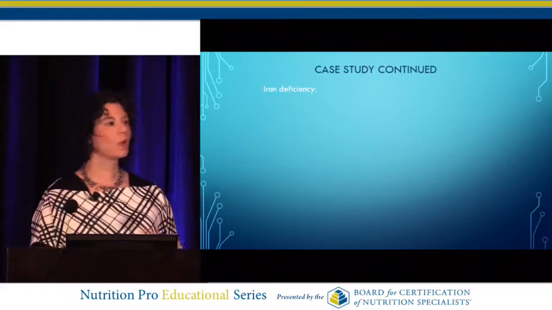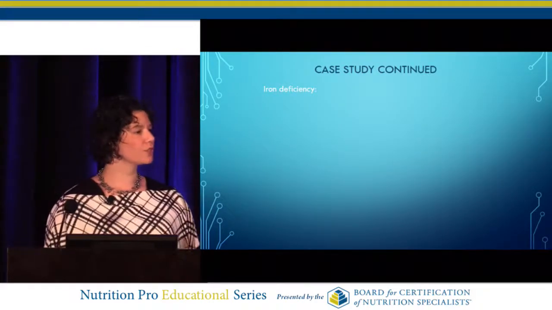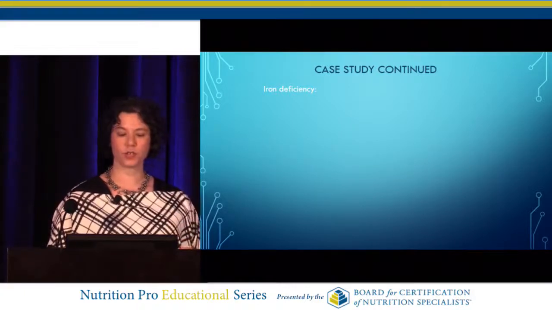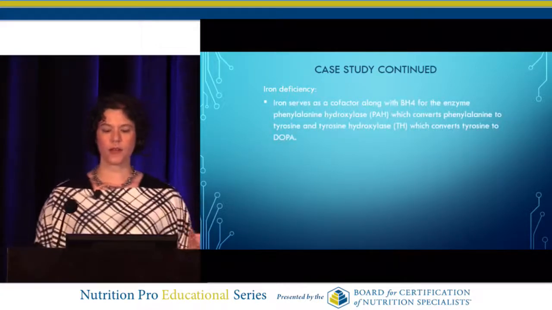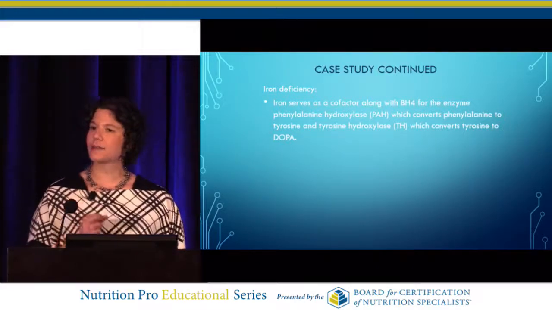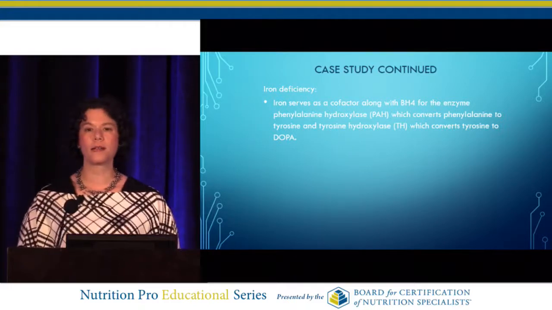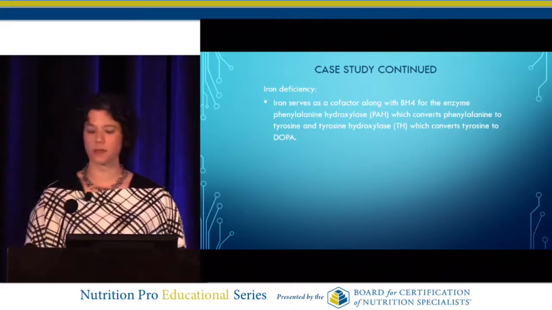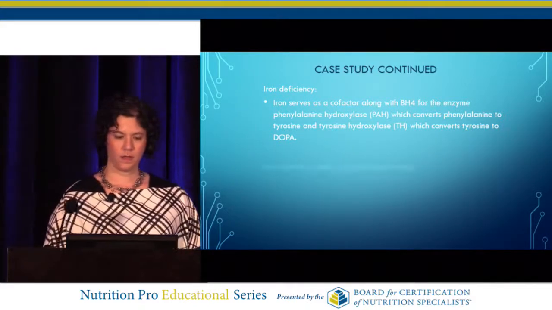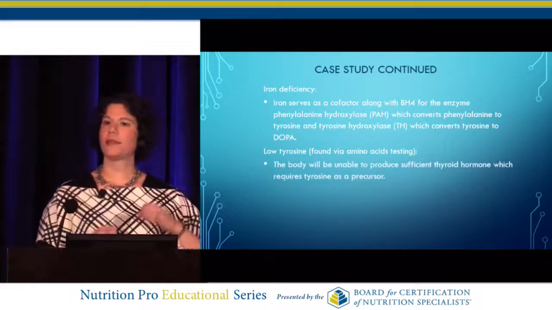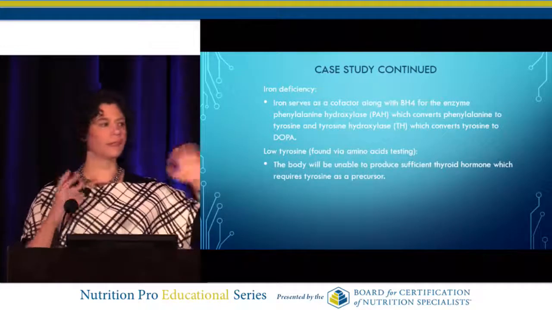Iron deficiency. We've talked about this in relationship to both the phenylalanine to tyrosine and tyrosine to dopa. So it's very important to remember that it's not just BH4, it's iron that serves as the cofactor for both phenylalanine hydroxylase and tyrosine hydroxylase. Low tyrosine, again, is just another sign that we're not getting phenylalanine to tyrosine.